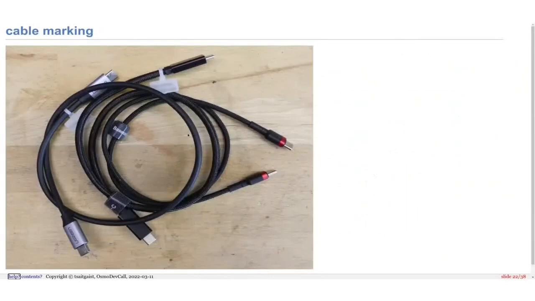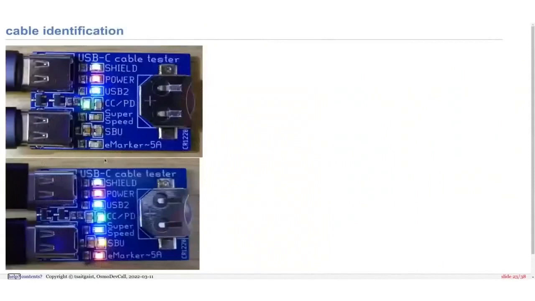And the issue is that if you have cables, you have no idea: is this an electronically marked cable? Is this a USB 3 cable? Is this a 5M cable? You just don't know. So I've developed a small device which actually tests the cable. It can tell you if this is USB 2, if it has super speed lanes, the sideband use lanes, and if it has an E marker.